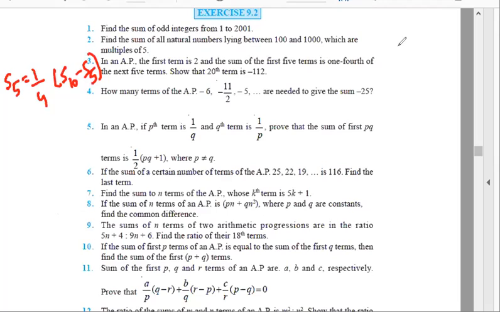Yes or no? Step by step. Everyone got this one? S5 is equal to 1/4. No, the screen is not frozen, right? I hope all of you can see the screen now.